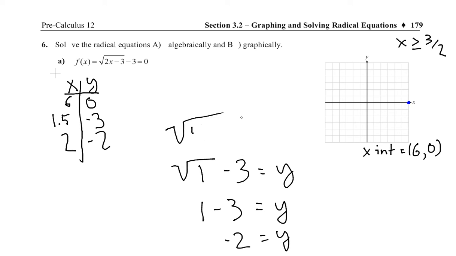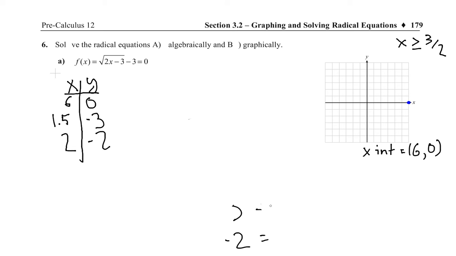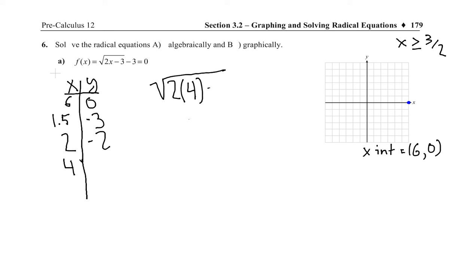I've done a few, but there are a few more key points I would like to do because they help to shape a graph. Another value of x I want to use is 4, because this one is another helpful point in shaping the way our graph looks. Once again, we will have a radical and 2 times, now we're putting 4 in for x, minus 3 in the radical, minus 3 outside is equal to what our y value will be when x is 4.